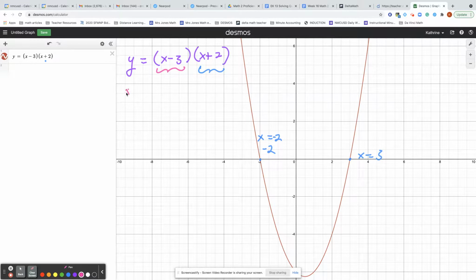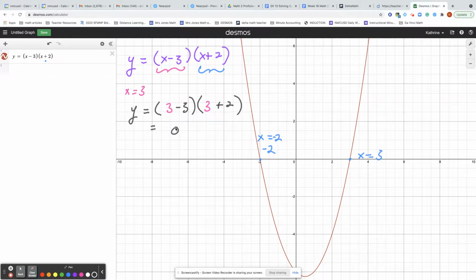If I plug in x equals 3 to my equation, we're going to get y equals, and I'll plug in 3 really quickly into these empty spaces, and you can do this too. We get 3 minus 3, which is 0, times 3 plus 2. So let's just kind of clean this up a little bit.